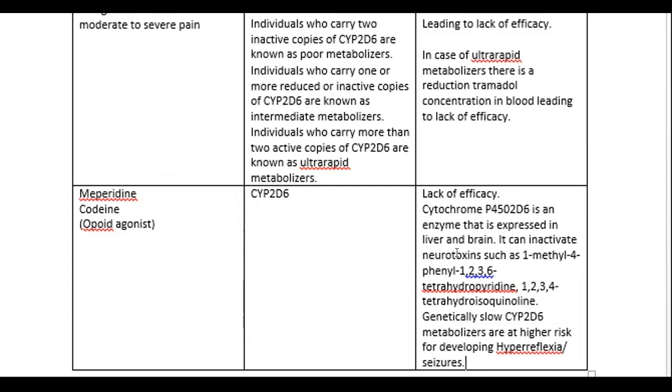Because of the slow metabolism, there is a decrease in the inactivation of this neurotoxin, causing an increase in the concentration of the neurotoxin in the brain, leading to the seizures or the hyperreflexia.